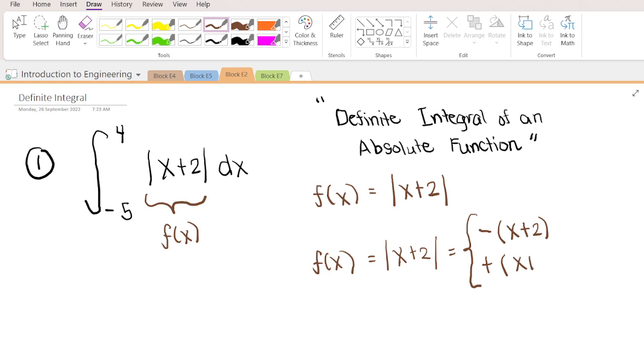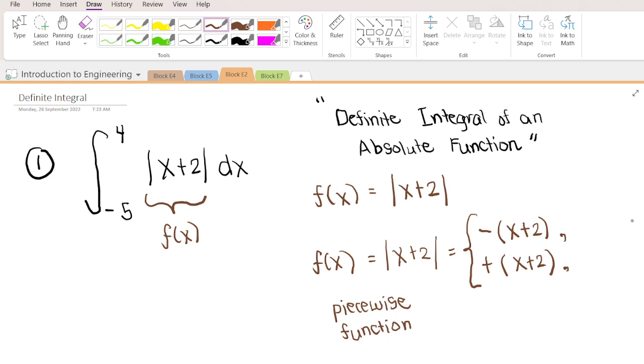Given that this is a piecewise function, if you have heard what a piecewise function is, it's a function that is composed of two or more parts, and the composition depends on the values of x that are plugged into it. So depending on the value of x, you need to use a particular function.